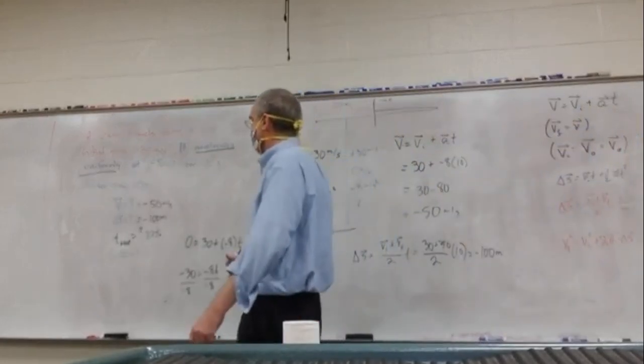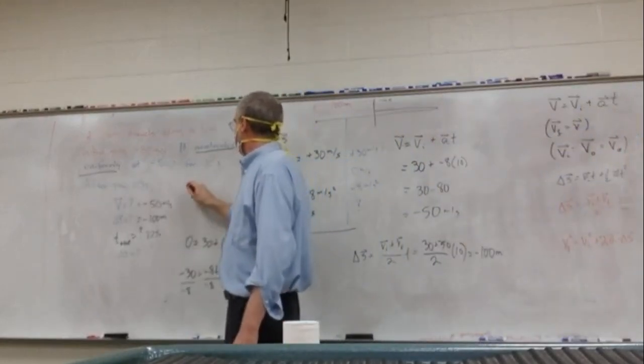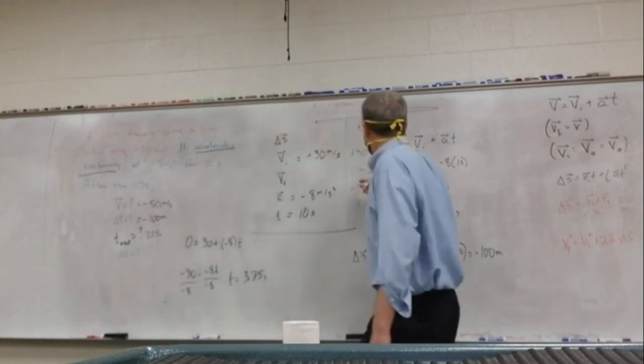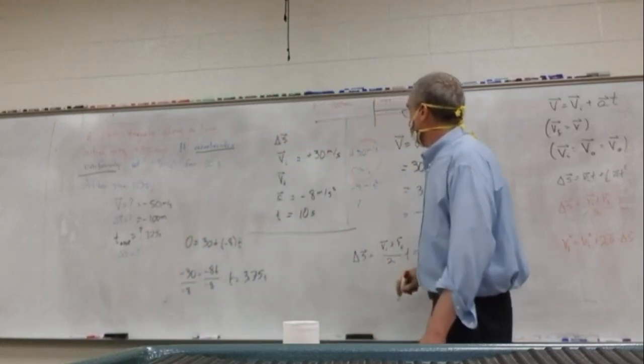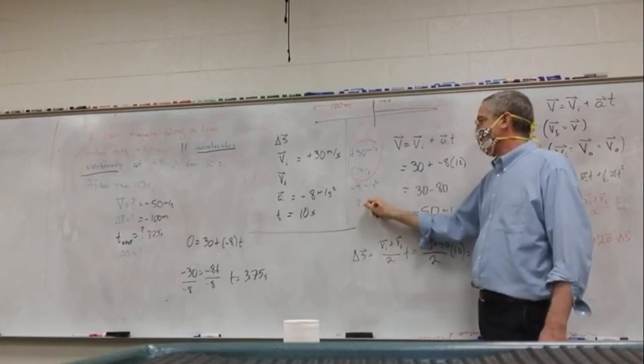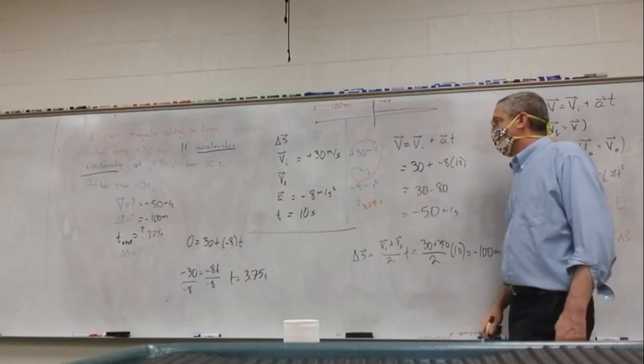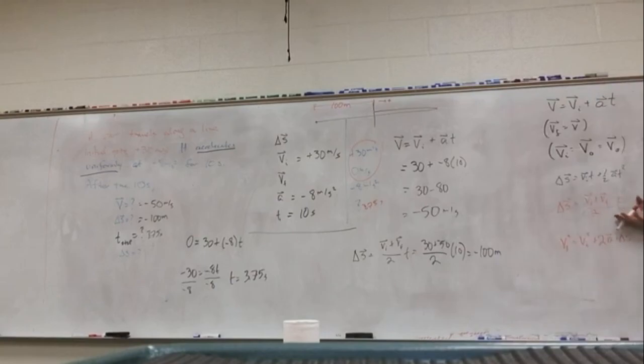There are many ways of doing this one, but I know I'm going from 30 to 0 in 3.75 seconds. Seems like the third equation is the simplest here.